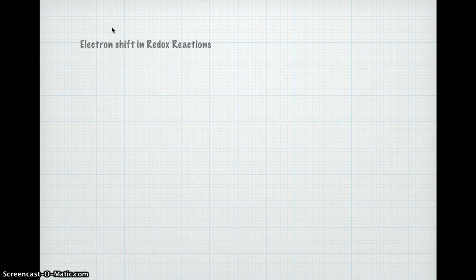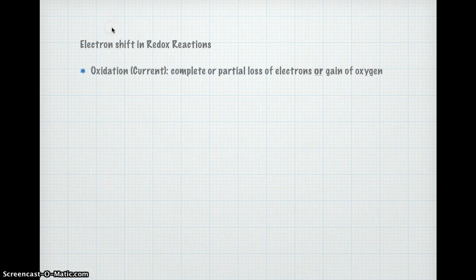Alright, later on, scientists amended, if you will, the definition of oxidation and reduction to include transferring of electrons. So the current definition of oxidation, or the most complete definition, is the complete or partial loss of electrons or a gain of oxygen.